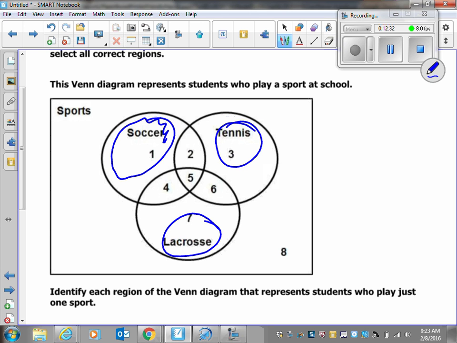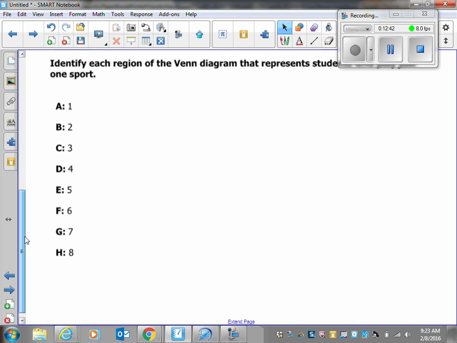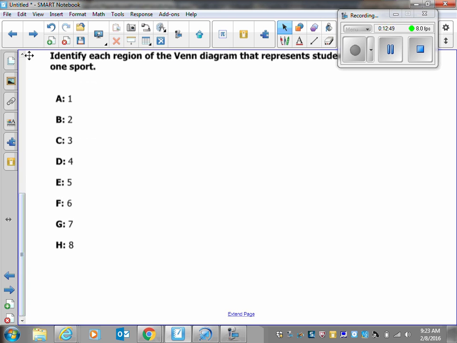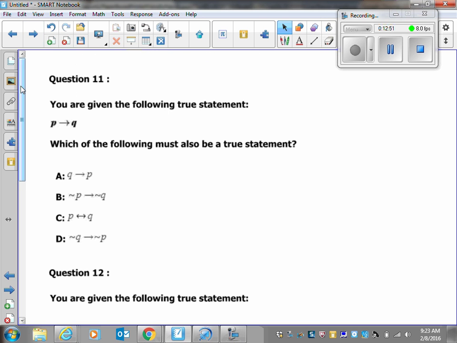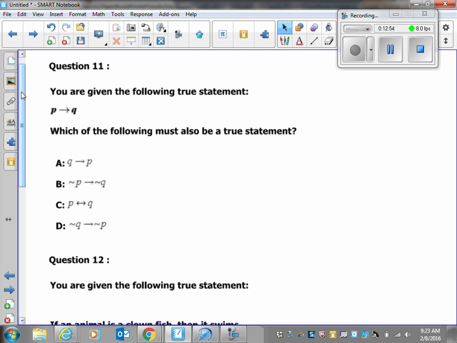And the players right here will be playing lacrosse. Okay, so those are the ones you have to circle. Oh, this is to identify who just. So you just have to click it, I think, on the computer.